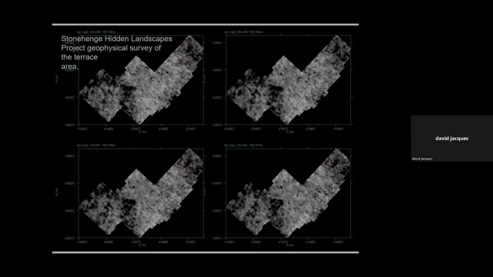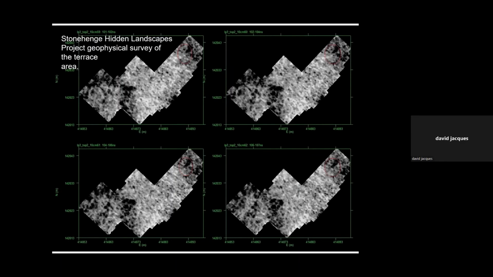And the geophysical survey of that terrace, if you look at the bottom right-hand corner, you can see about 2 meters down there is a red circle, and that denoted an area of interest.